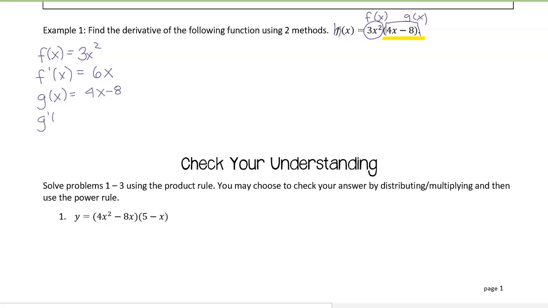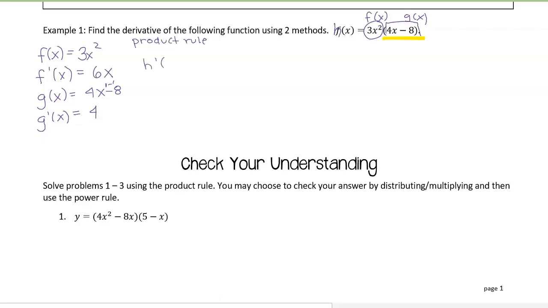G prime of x, I have a 1 in this exponent. The 1 comes out in front, multiplies by 4, so that leaves that as 4. Then I subtract 1 from this exponent, so that gives me x to the 0, which is just 1. Then the derivative of negative 8 is just 0. So now I have all the pieces, so I can use my product rule.